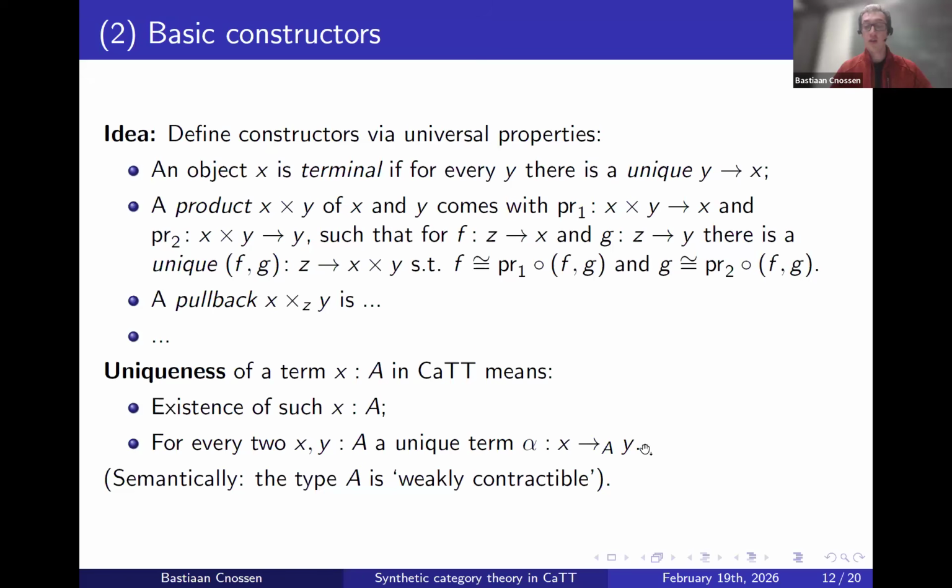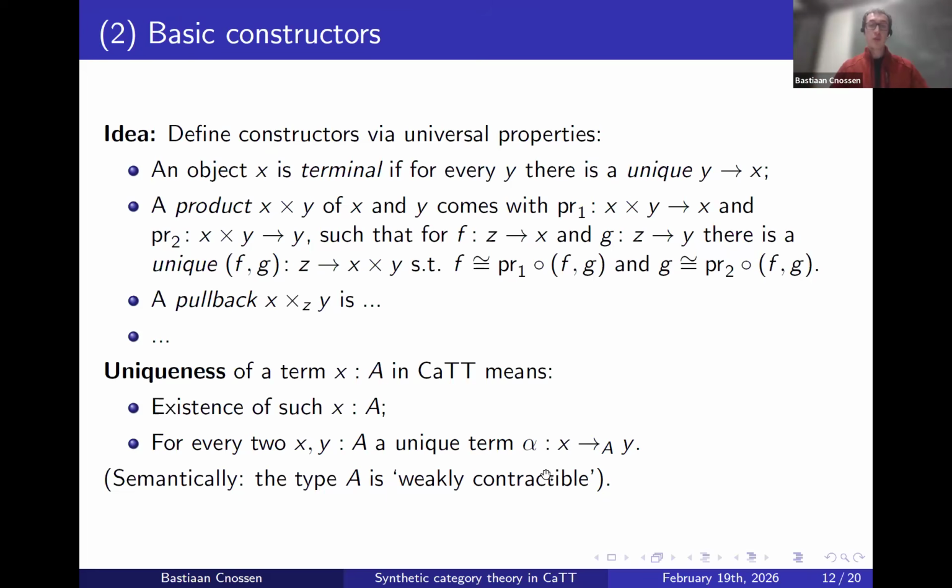This is like a co-inductive definition in some sense. In particular, if I swap the roles of x and y, I get a unique cell in the other direction, and then the uniqueness co-inductively allows us to get the higher coherences somehow.